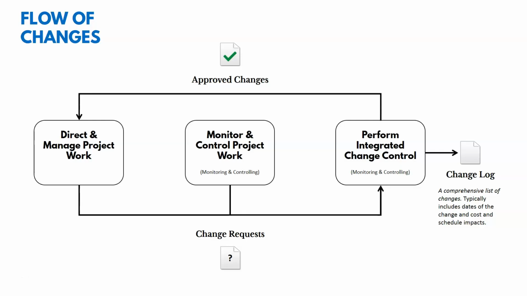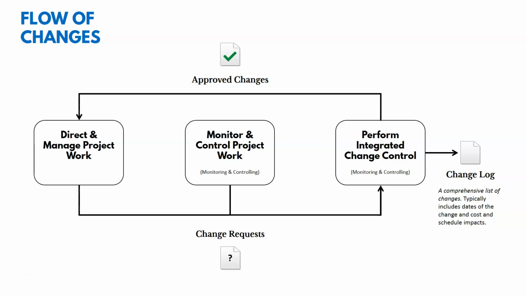And I'm going to show you another diagram here, which again, is something we're going to come back to over time. But what you're going to see again here on the left is our current process that we're talking about, directing and managing the project work. As we start getting the work done, one output is going to be change requests. Again, things don't go as planned. We have to make adjustments.